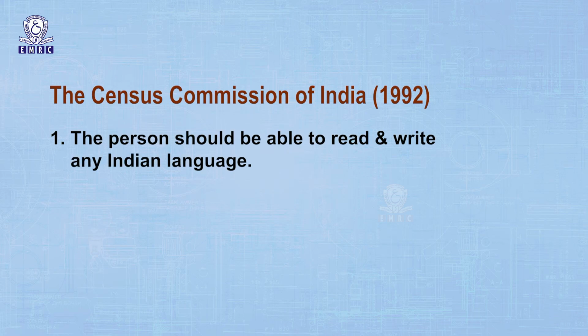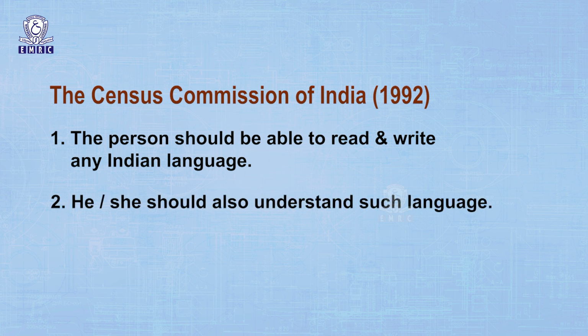One who can, with understanding, both read and write a short, simple statement in his everyday life is literate according to UNESCO. In consensus with this definition, the Census Commission of India 1992 put forth these conditions. Firstly, the person should be able to read and write any Indian language.